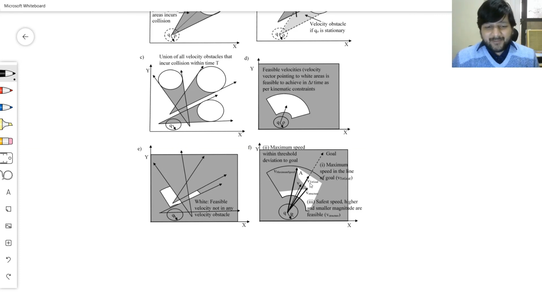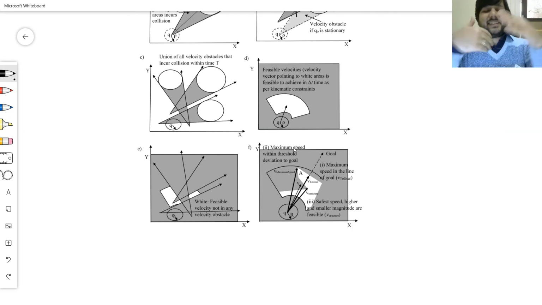This is the one which has the highest safety factors in terms of magnitude, not in terms of angle. And this is the one that anyways has the maximum speed. So instantaneously, I'll select the speed, I'll move for delta t amount of time, and then I'll do the entire calculation once more.